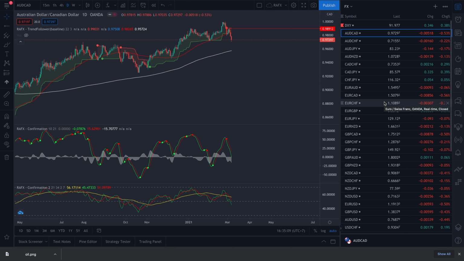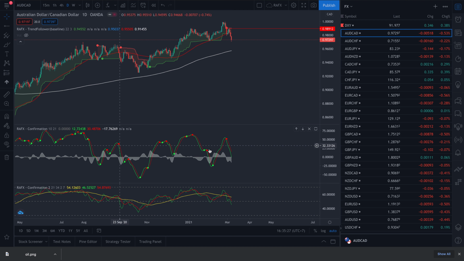Okay, so I have here the trend follower. This is actually the baseline that I use to determine if we are still on a downtrend or uptrend.